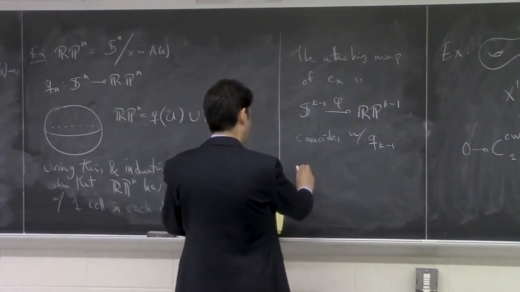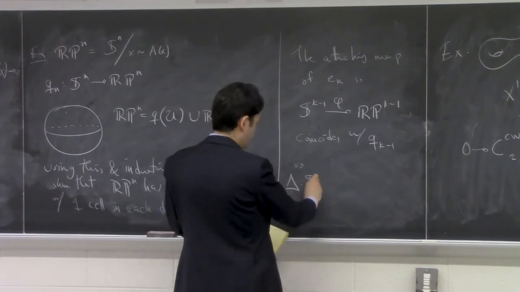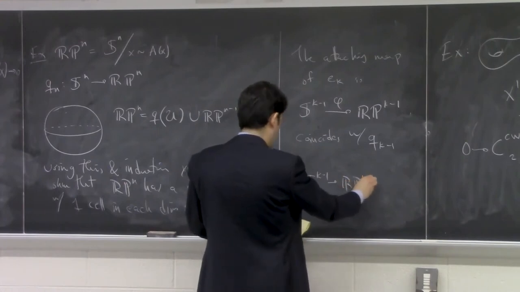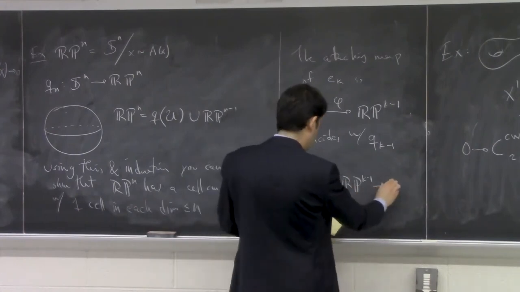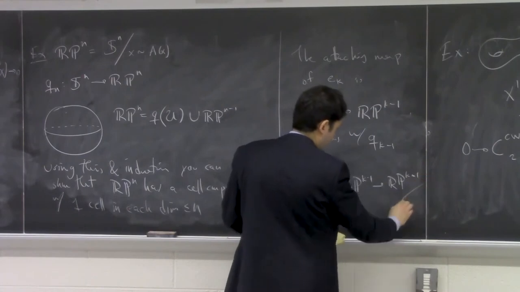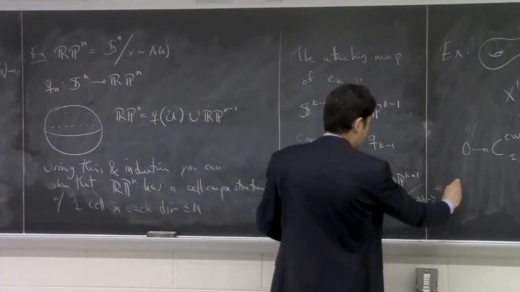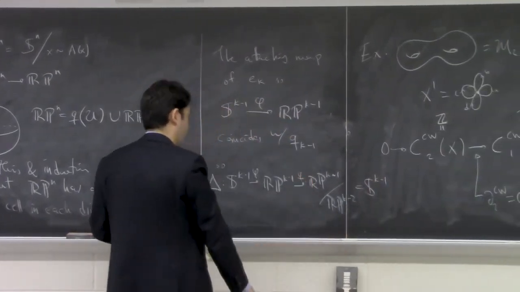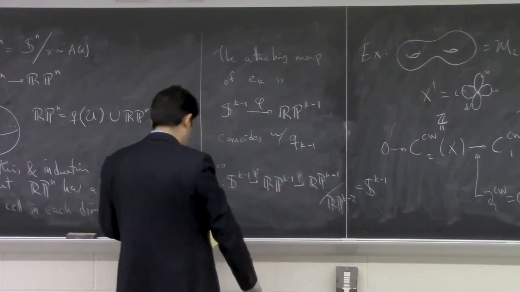So this delta, the map that we want to find the degree of, goes from S^(k-1) to RP^(k-1), and then collapses everything but the cell I'm looking at. Well, q is perhaps not a good choice. p.